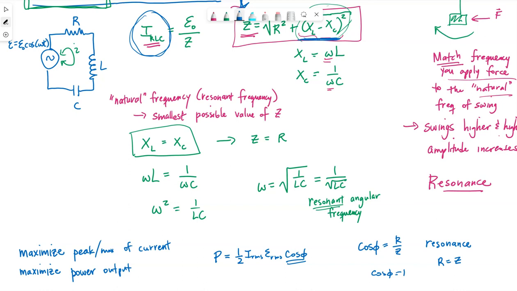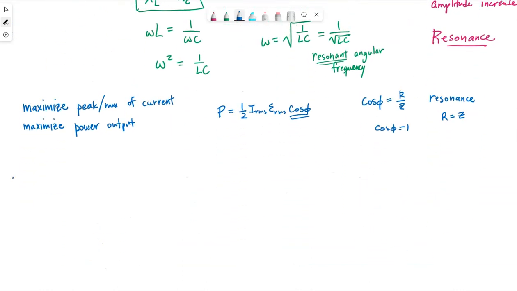In an RLC circuit that's receiving a signal, like a radio in a car, when you set the radio station at some number of hertz, that means you're making omega equal to 1 over the square root of LC.